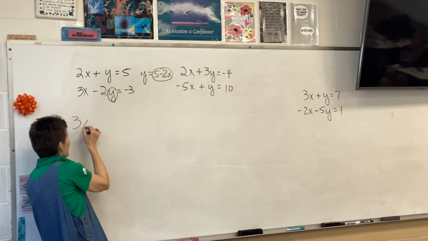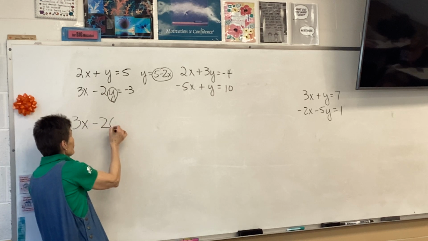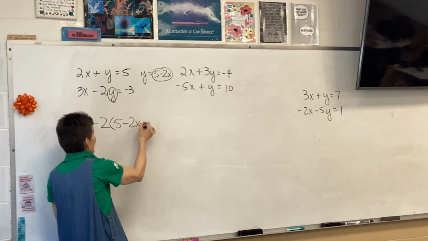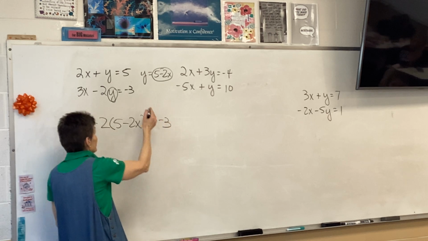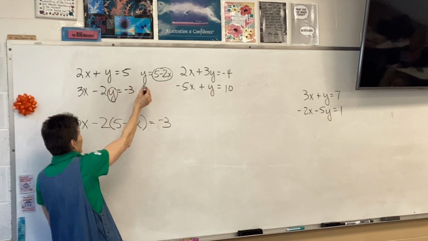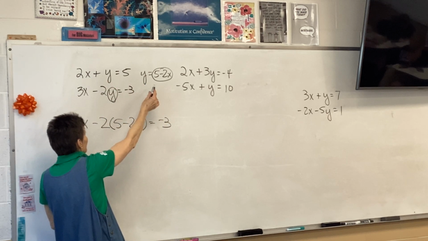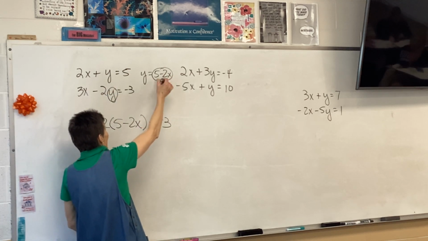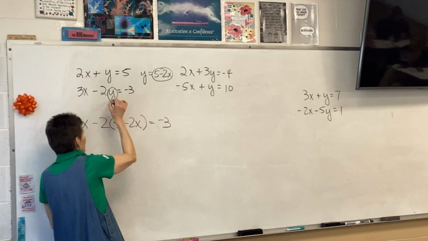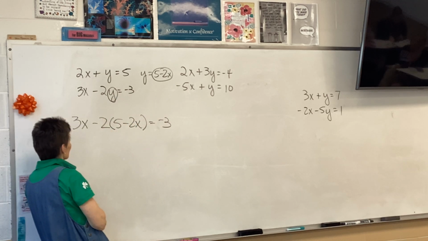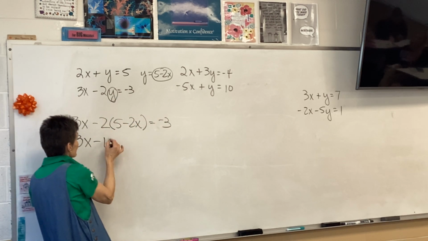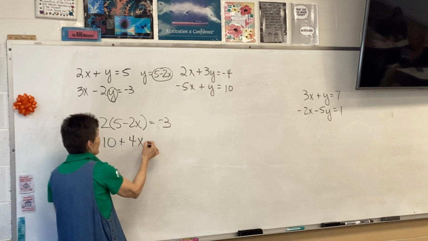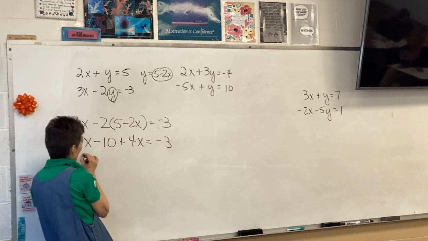So 3x minus 2 times 5 minus 2x equals -3. So in my top equation, I got y by itself by moving the 2x over. And then I'm going to take that, what y equals, and plug it in for y. So now I'll do my distributive stuff carefully.